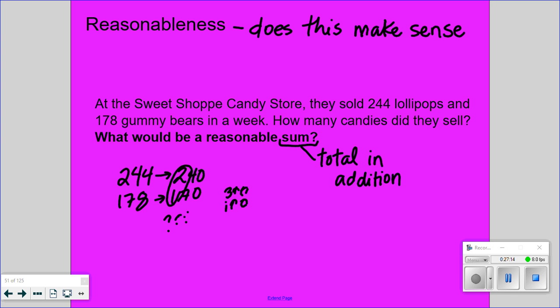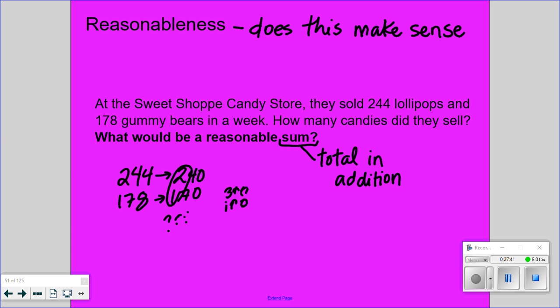If I know my answer should be like 400, and then I end up with 200, I know I did something wrong. And you don't have to wait for Miss Muller to say, nope, that's wrong. You already know it. So we care if it's reasonable. We can see, am I going to be right? Does that make sense? So the answer is 400.